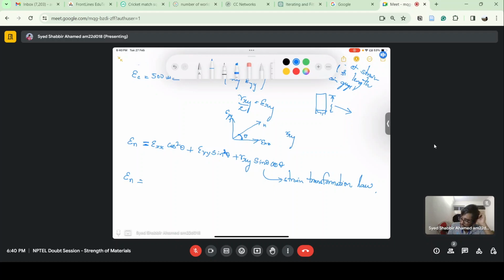Using those trigonometric identities, we can write this as 1 by 2 (epsilon xx plus epsilon yy) plus 1 by 2 (epsilon xx minus epsilon yy) cos 2 theta plus gamma xy by 2 sin 2 theta.